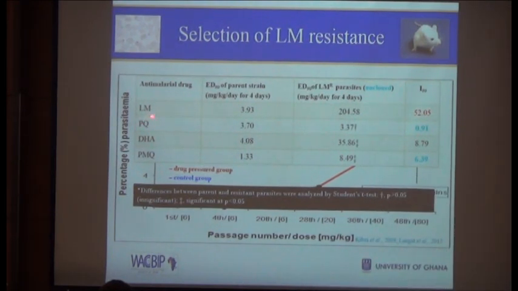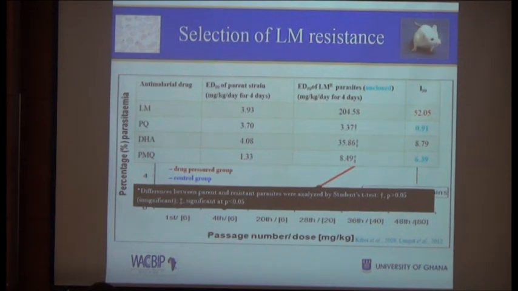And we tested against piperaquine, dihydroartemisinin, and also primaquine. There are a couple of others that I have not included. For the sake of this presentation, I've just highlighted 3. And you actually see that this lumefantrine-resistant parasite was sensitive to piperaquine. But there was cross-resistance between the lumefantrine-resistant parasite and DHA and primaquine.